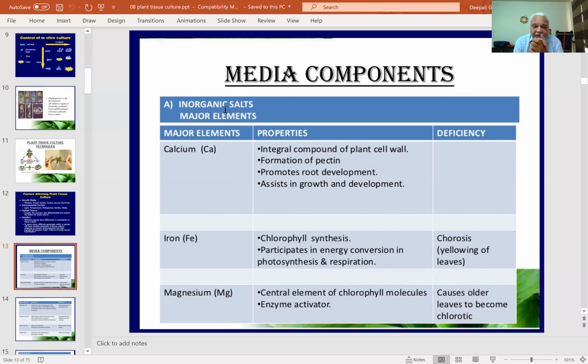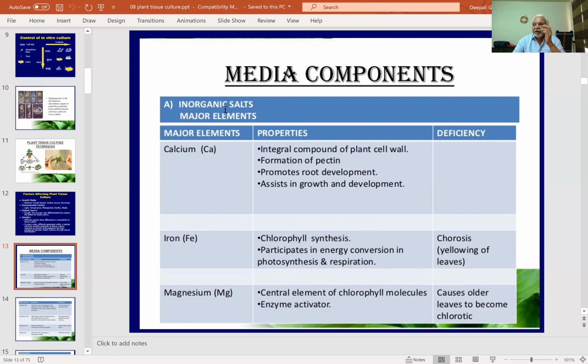So these are some of the examples of major components of the synthetic media. And also, which you see in these tables, if a plant is deficient for an element, it shows deficiency symptoms, which go away when you give that element externally to the plant.